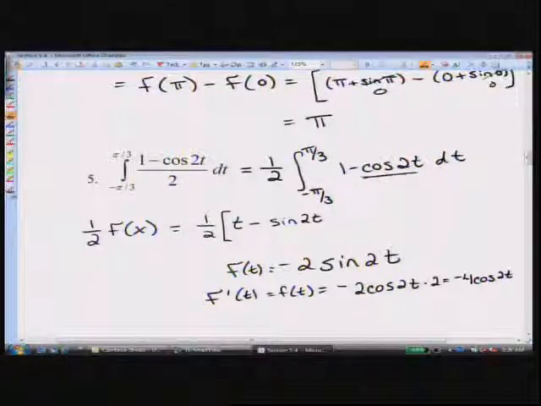So you're trying to come up with the function that when you take the derivative of it, you get negative cosine 2t. You knew that when you took the antiderivative of 1, you would get t. That's correct. What function do you take the derivative of to get negative cosine 2t? What function?